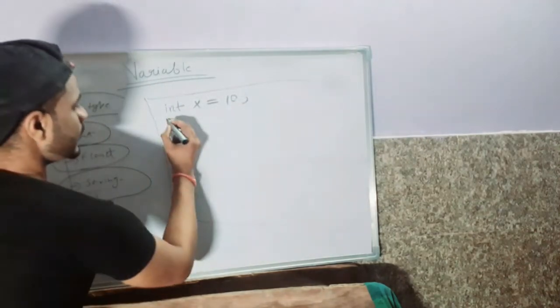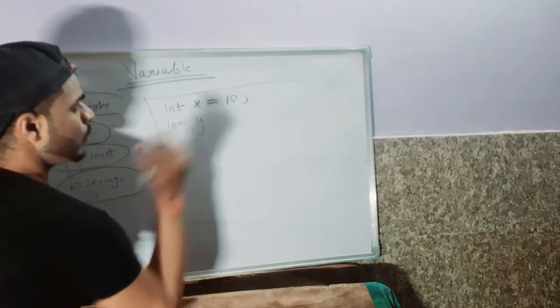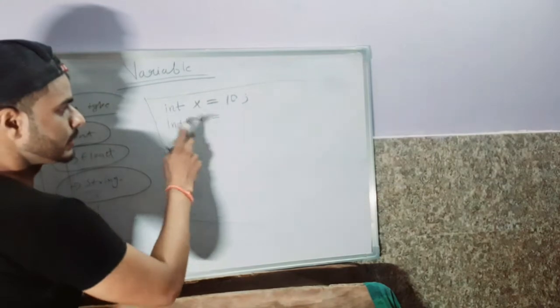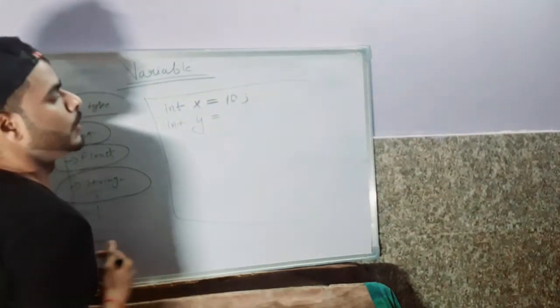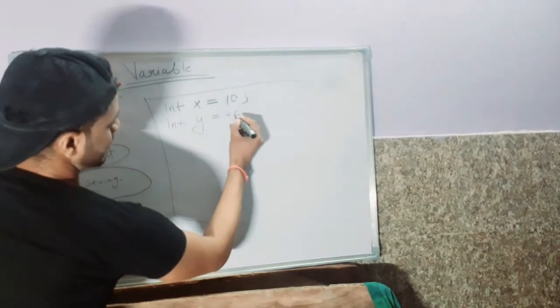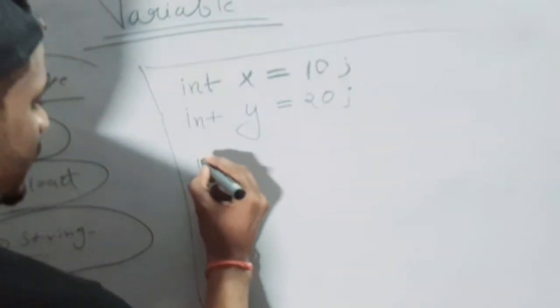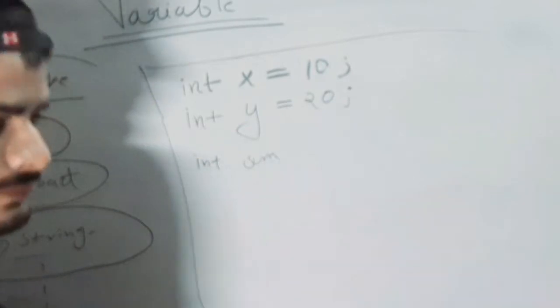Another one, int y, data type integer, variable y, and it is 20. Now we take another integer, sum.